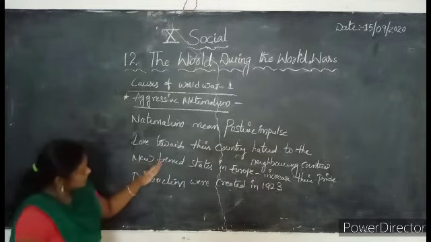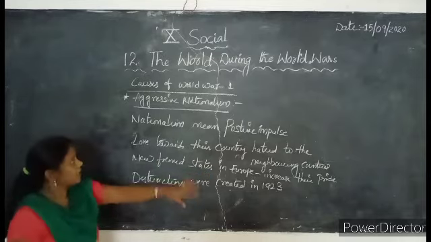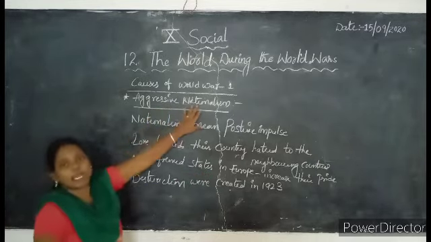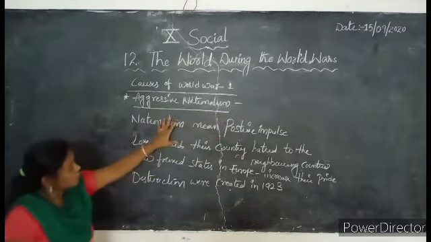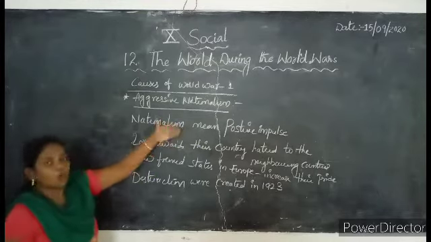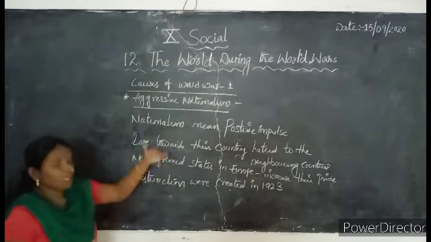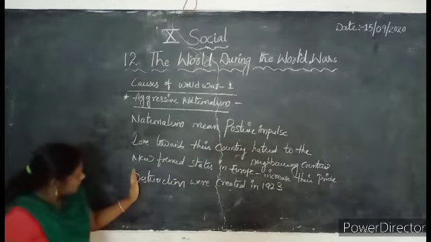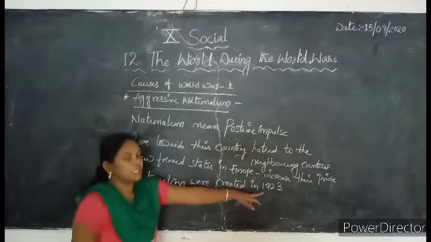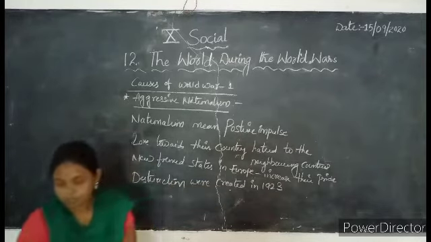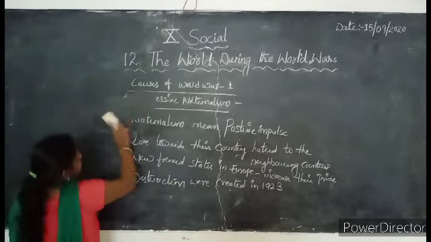Why? Because destruction started in many countries due to the ideology of aggressive nationalism. In order to show their country more powerful than other countries, they started destroying the other countries.